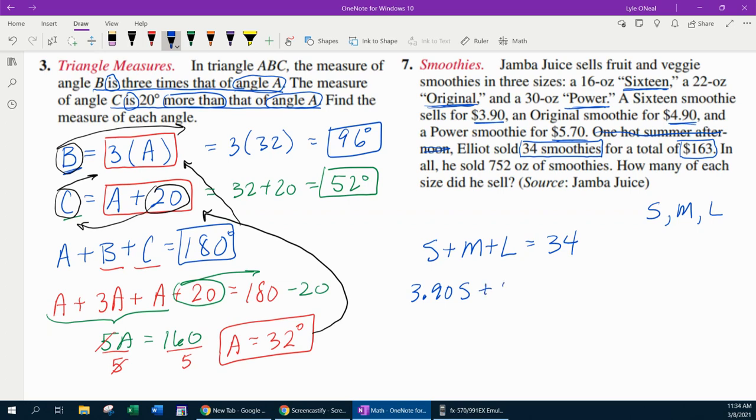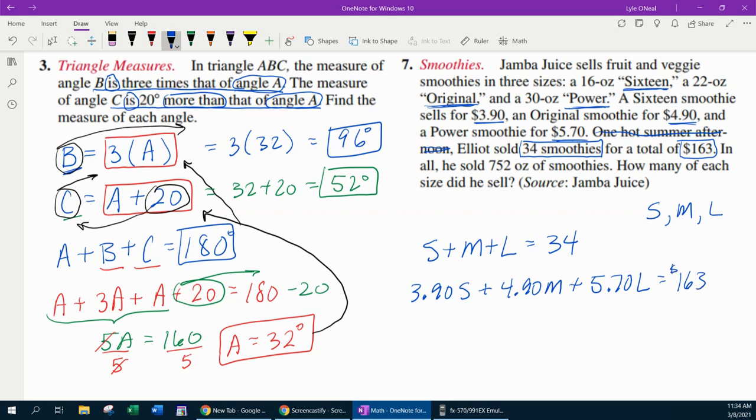Plus mediums, $4.90, plus the larges were $5.70, and for a total income of $163. So there's the money equation.